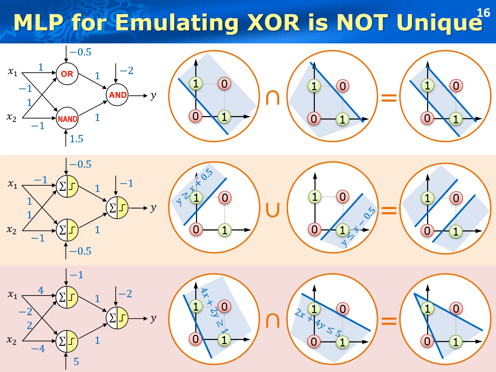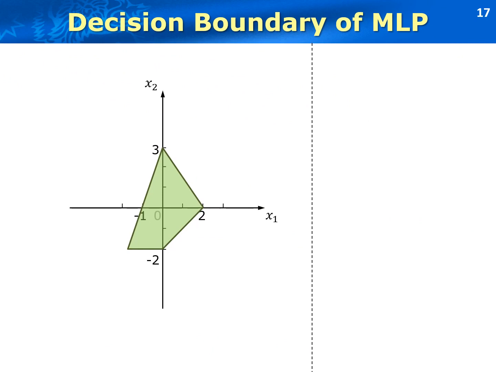A variety of ways to solve the XOR problem indicate that a multi-layer perceptron can represent the decision boundary whose region is a polygon. To be specific, given an n-sided polygon, we can construct a multi-layer perceptron with n perceptron units representing the n sides of the polygon, respectively, in combination of AND and OR gates for assembling these half spaces together to make a polygon region.